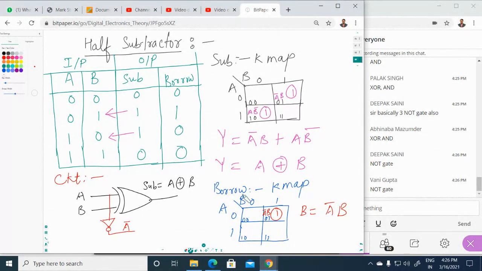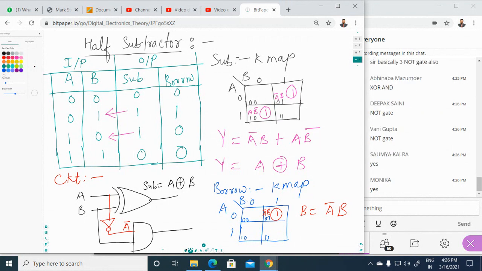For conversion, you have to use this NOT gate. All of you understood why we have used the NOT gate right here? Now you have to use the AND gate. So it will give you the output. What is the output for borrow? Borrow is equal to A bar into B. This is the output for your borrow.